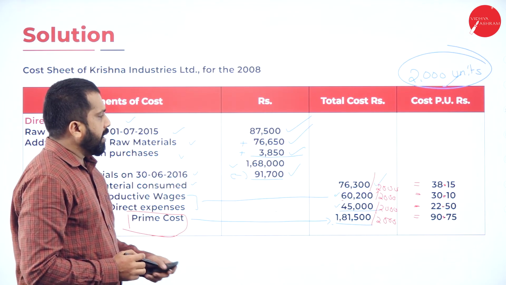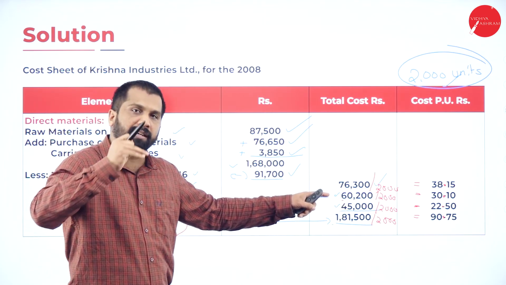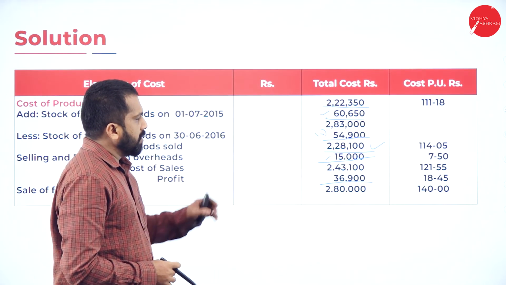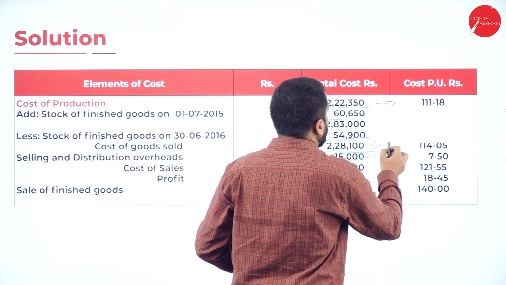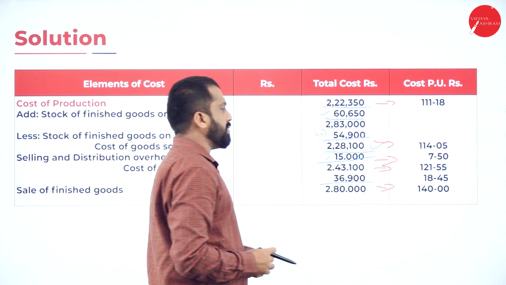Not everything is required. Wherever there is a heading or subtotal, there you divide by 2,000. So up to this you have completed. Similarly, divide these also by 2,000.